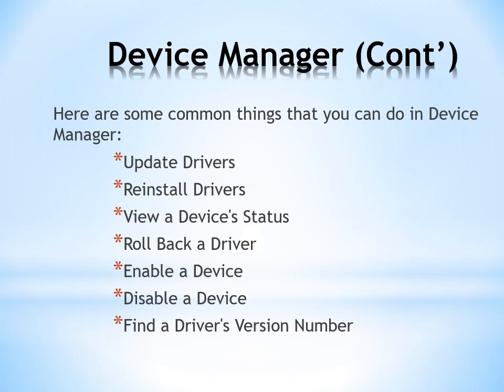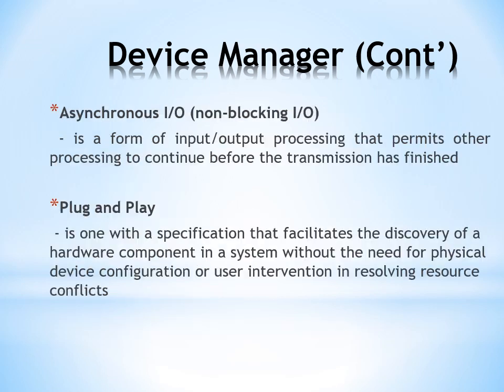On the device manager, you have a list of devices and you can click each of them. You right click and you can update drivers, reinstall drivers, view the device status, roll back, enable or disable the device, and find the driver's version number.